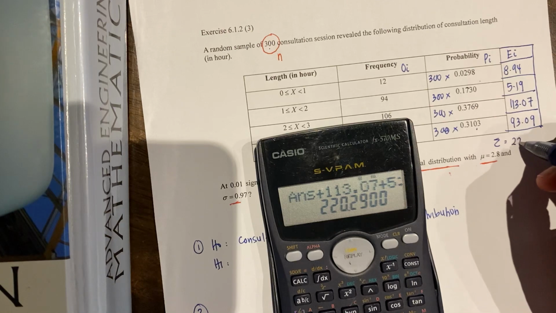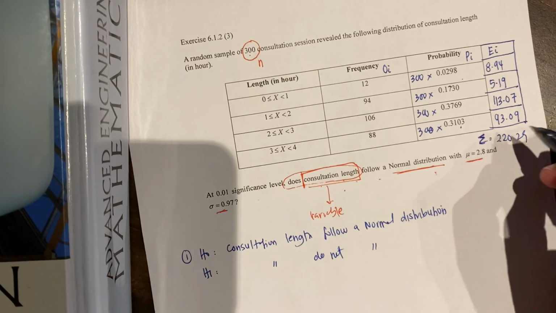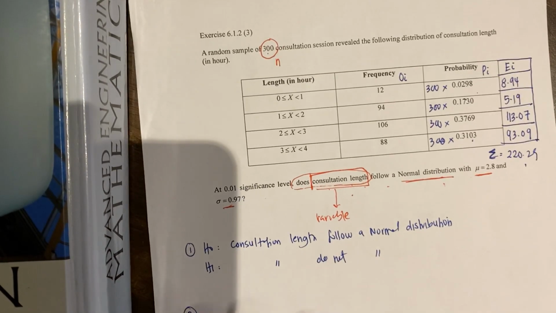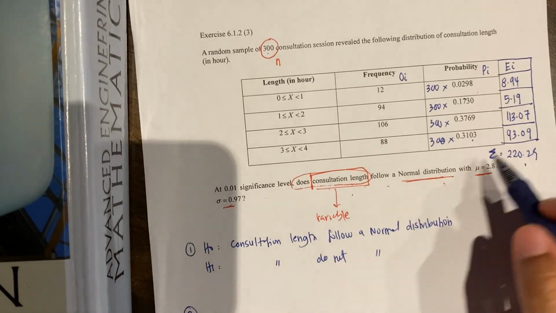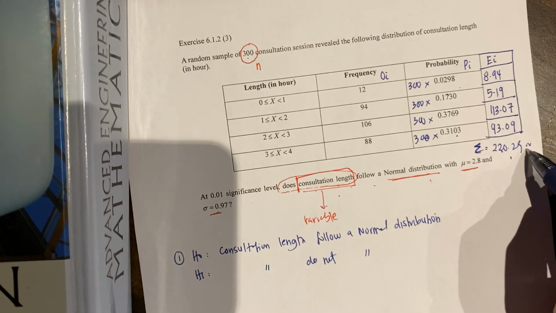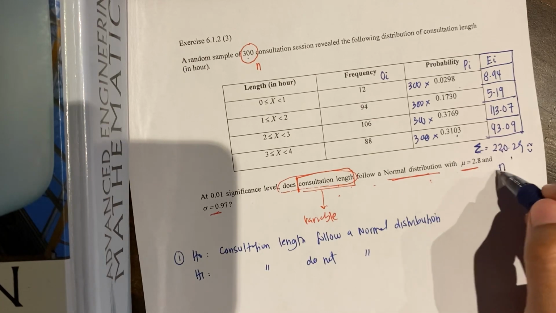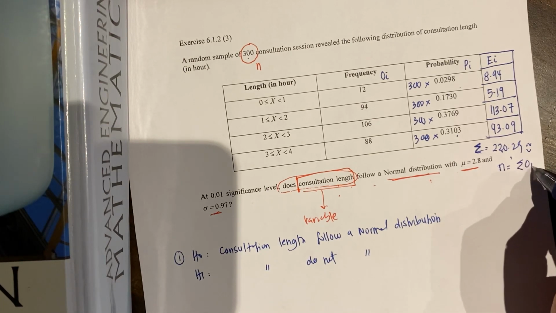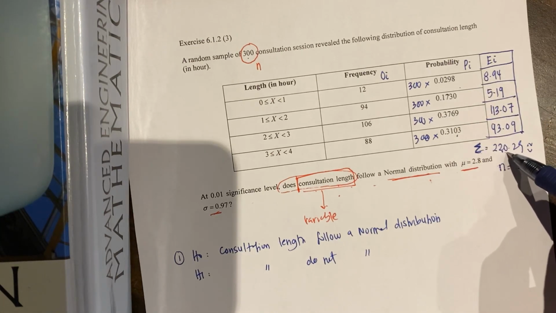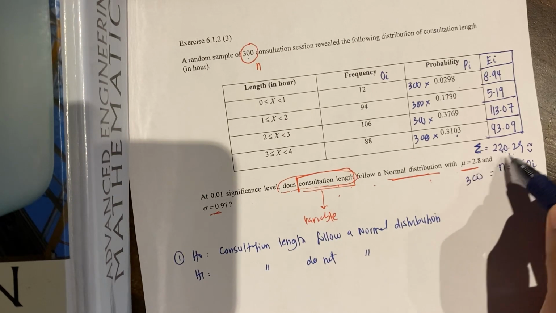If you find the summation of your E here, you get 220.29. The probability that we get E correct will be higher if the summation is quite similar to n, because n is the summation of O. In this case, the summation is quite far from n, which is 300, but still not really too far.